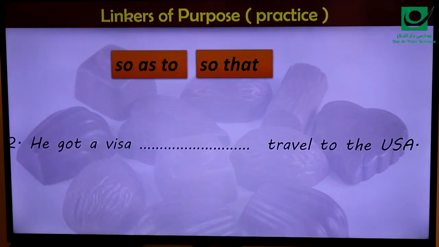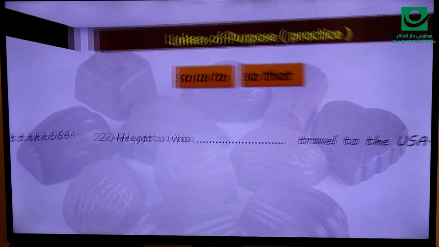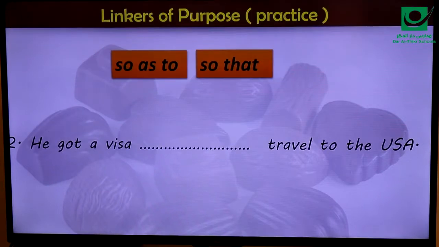Let's go to the other one. So as to and so that. He got a visa, travel. Now what is different here from the last one? This one, there was he can travel, but the next one is travel. We don't have he can. It's the verb immediately. So what is followed by the verb, so as to or so that?